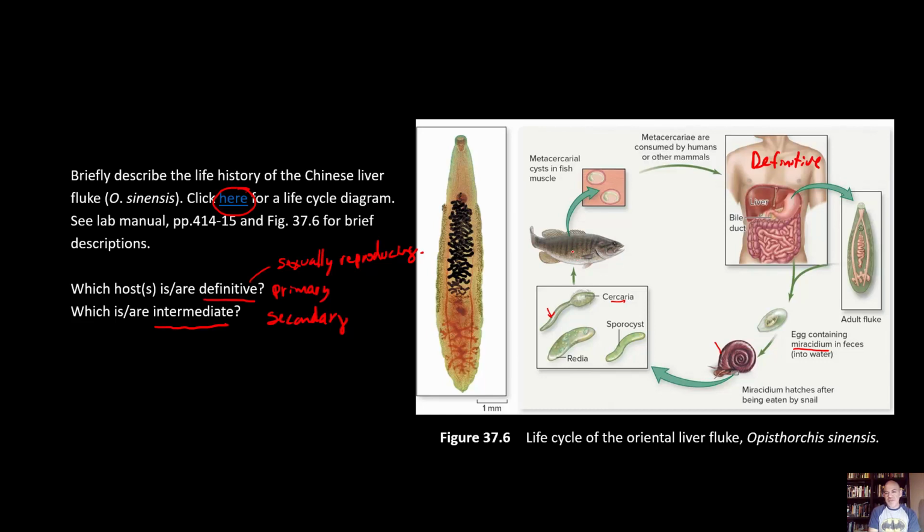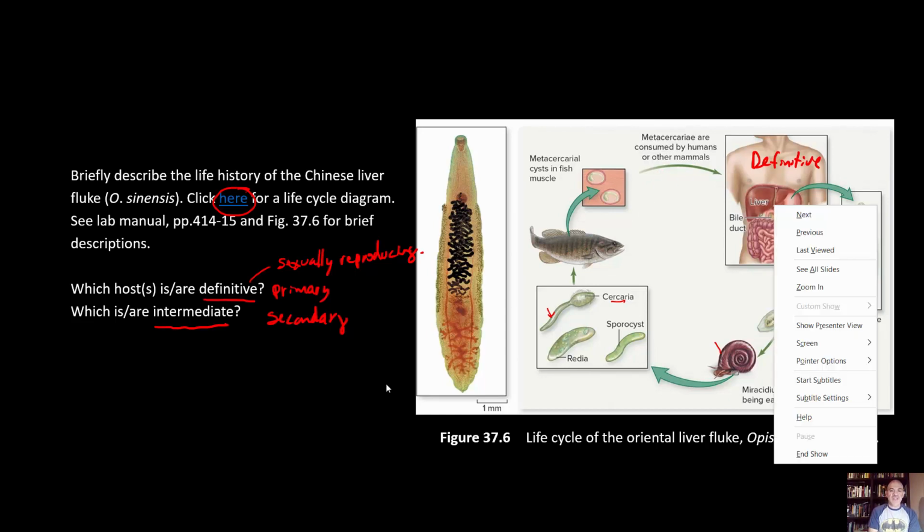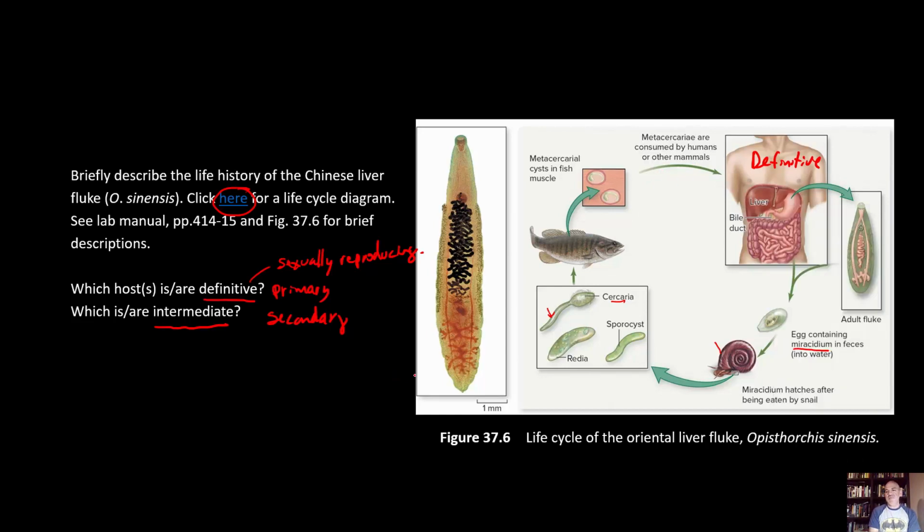So they'll literally burrow right through the skin, and in there they're going to encyst as a metacercarial cyst within the flesh, and then a human goes and eats the fish and picks up the parasite, and the life cycle is completed. So you can see the life cycle is complex. That would make this human the definitive host, and the snail and the fish intermediate hosts. So you should be able to recognize the definitive and intermediate hosts for this exam.